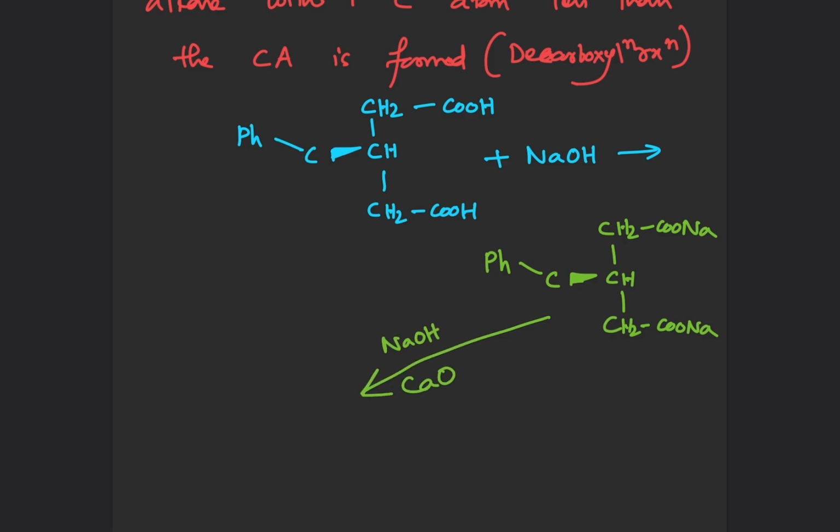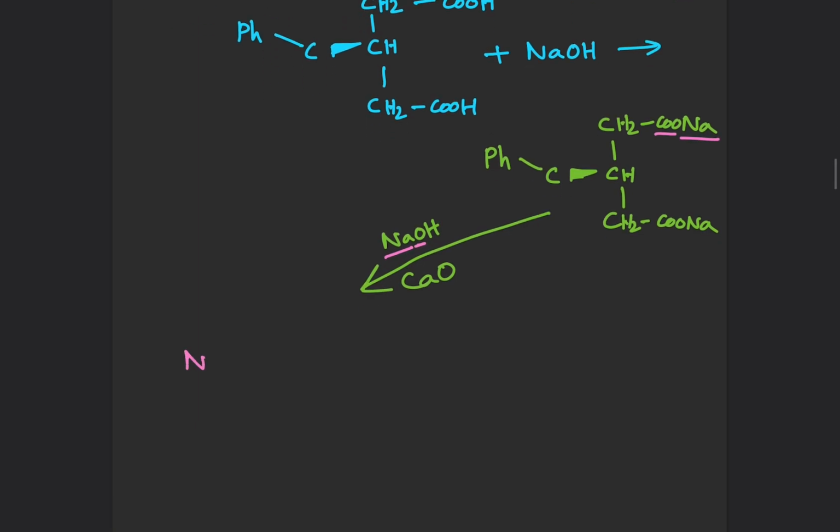Obviously calcium oxide is also there. So what is going to happen? Look very carefully: this Na, this O and this CO2 will come out in the form of Na2CO3. I will underline them. Na and Na is Na2, CO2 and one O is CO3, so this comes out in the form of Na2CO3. There is one more mole.